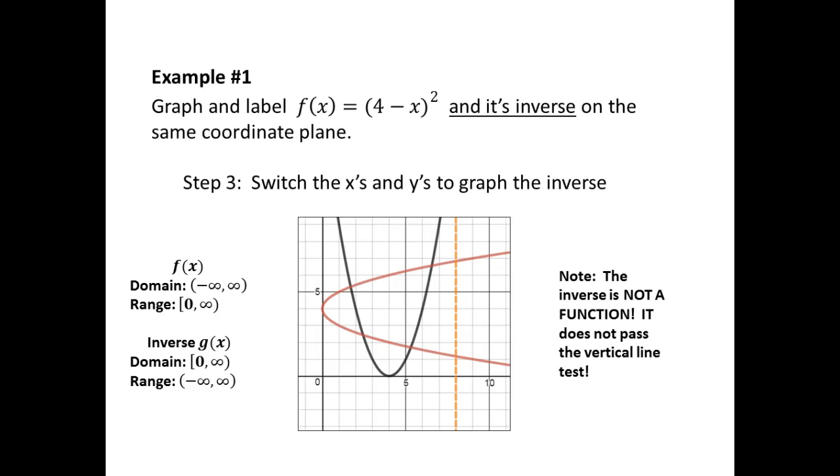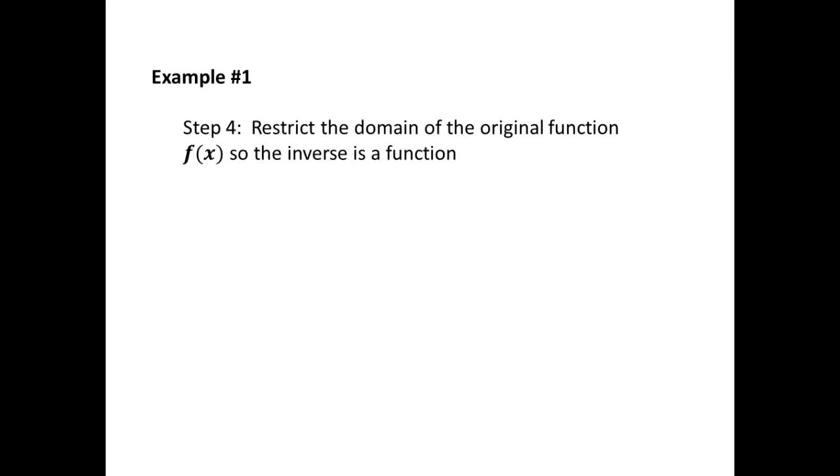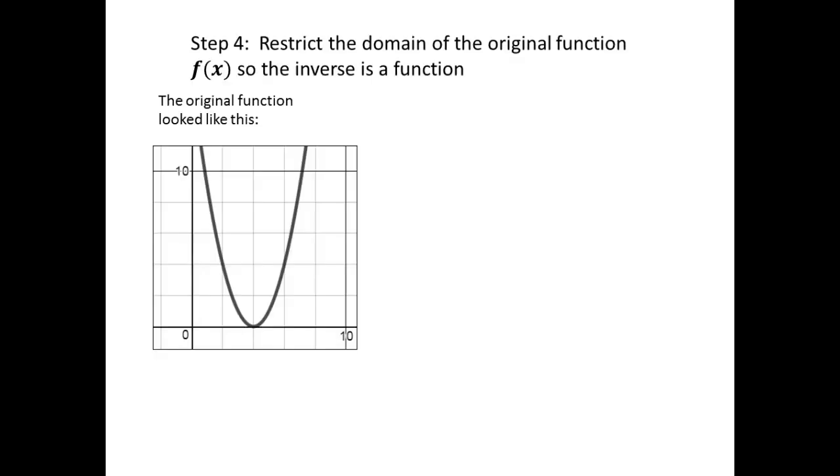I need my inverse to be a function, so what am I going to do? I'm going to restrict the domain of my original function f of x so that when I graph the inverse, I get a function. So this is what my original function looked like.